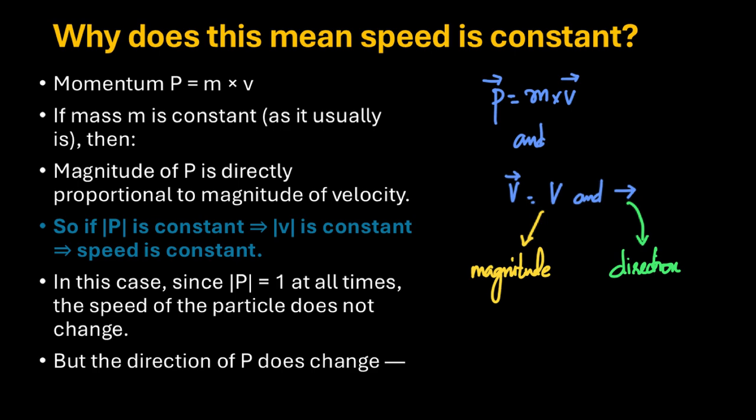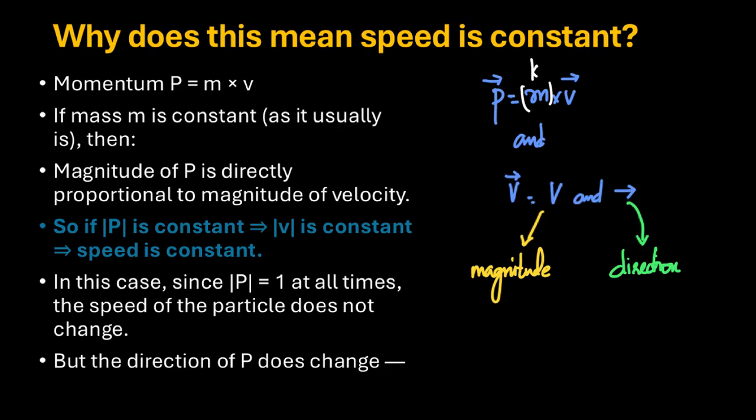Now, this magnitude is a constant, direction is varying. So when we say speed is constant, it is this magnitude that we say is constant.